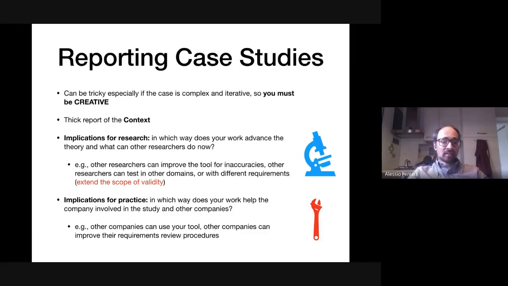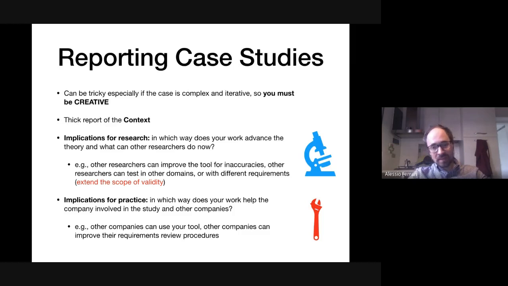And two other things that you should remember, and then I will list the sections for reporting case studies, are sections for implications for research and implications for practice. You have to ask yourself, in which way does your work advance the theory, and what other researcher can do now after what you've done?